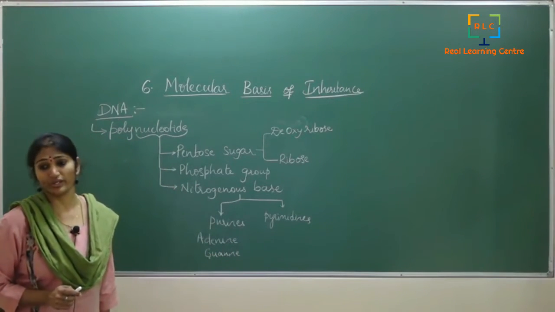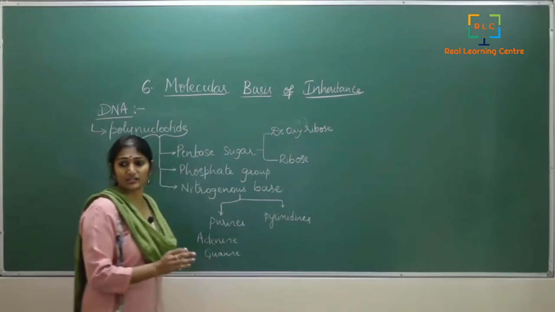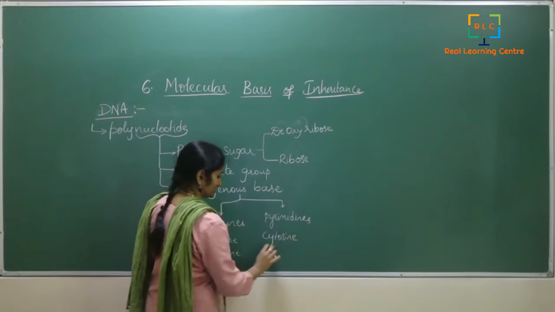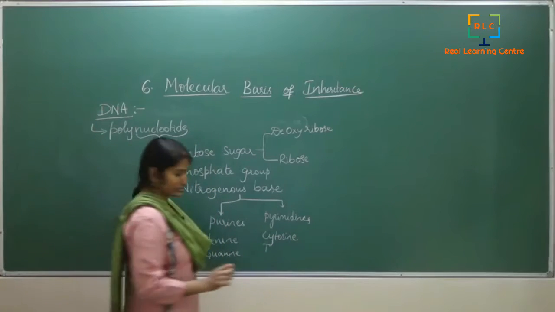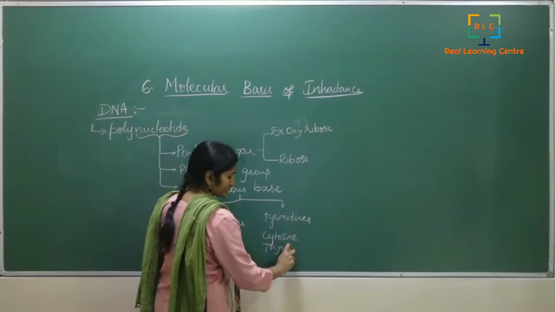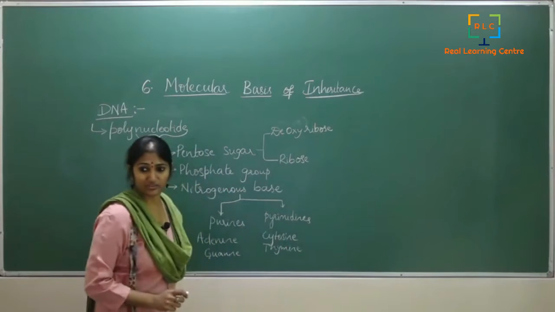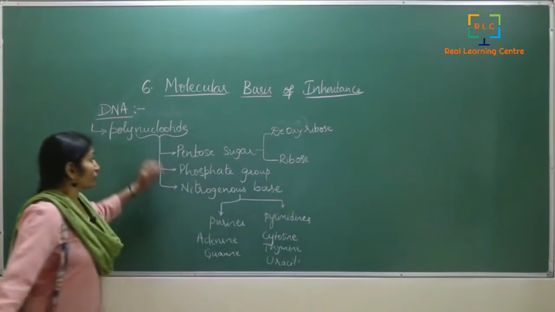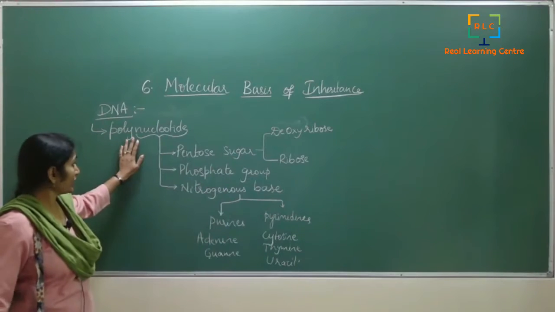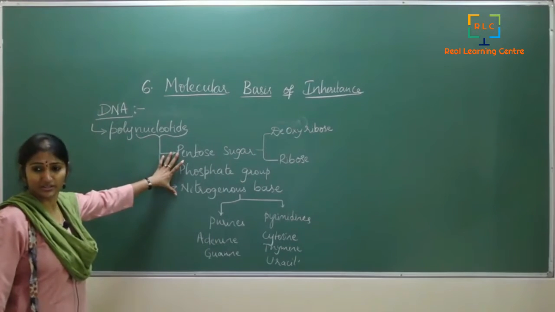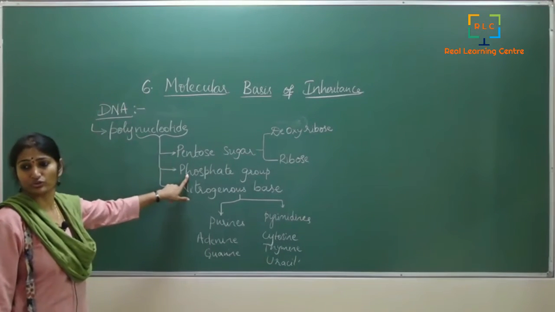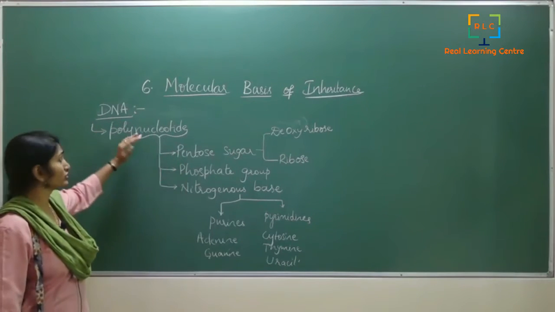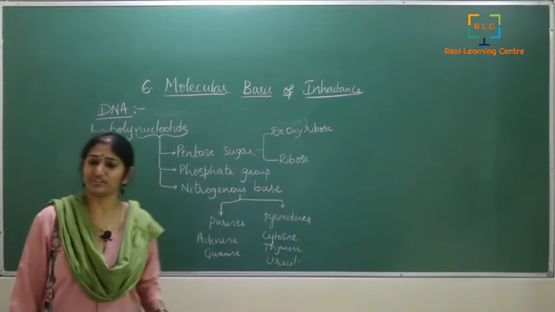Then we have the pyrimidines: cytosine, thymine, and uracil. If our nucleotide has all these three components, because of the phosphate group it has the ability to bind to many sugar molecules, and hence we have a polynucleotide chain.